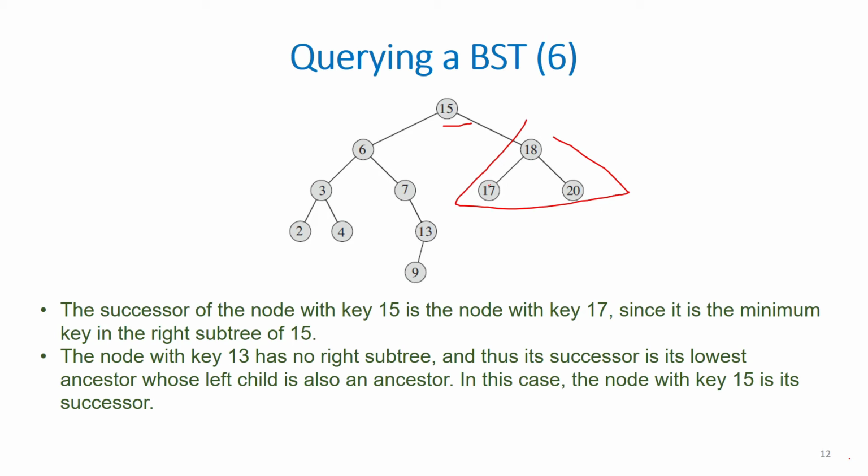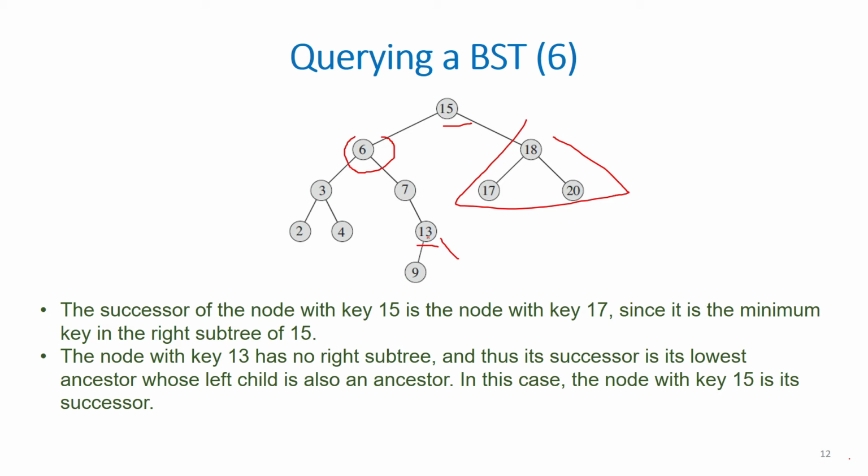As an example of case 2, let us now find the successor of the node with key value 13. Since the node has no right subtree, its successor will be the root with value 15. This is because it is the ancestor of this node and has a left child, which is this node, that is also an ancestor of the node with value 13.